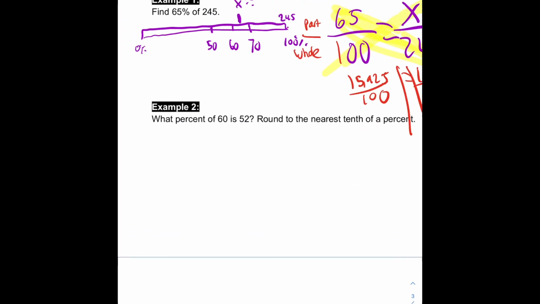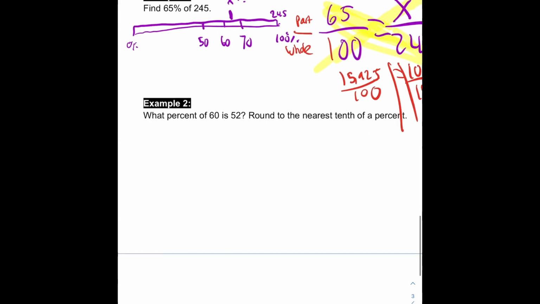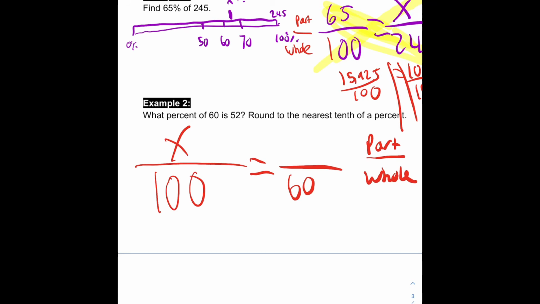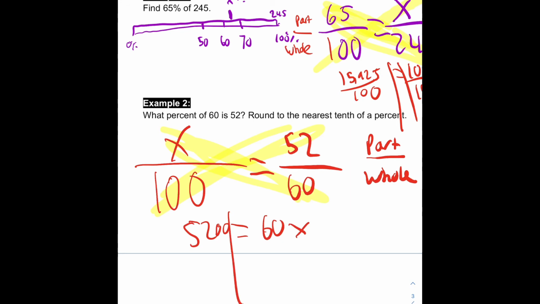What percent of 60 is 42? Round to the nearest tenth of a percent. So again, in this one, I know percents are always out of 100. I don't know what the percentage is, but thinking about part to whole, the whole thing is 60. I want to figure out what part is 42 of that 60. So we're going to cross multiply. 4200 equals 60x.